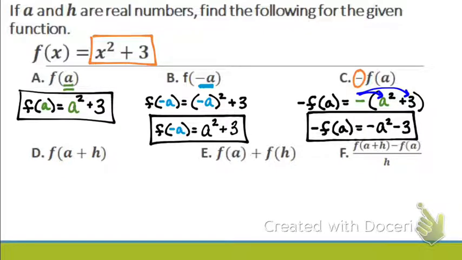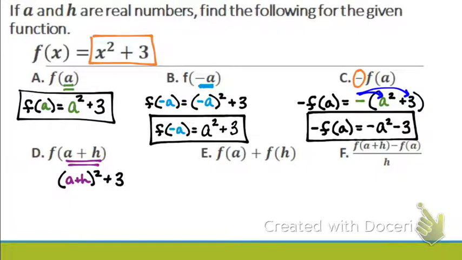Part D, what are we doing? Substituting a plus h in the place of the x. So I have a plus h quantity squared plus 3. So I've got a binomial that I have to square here.